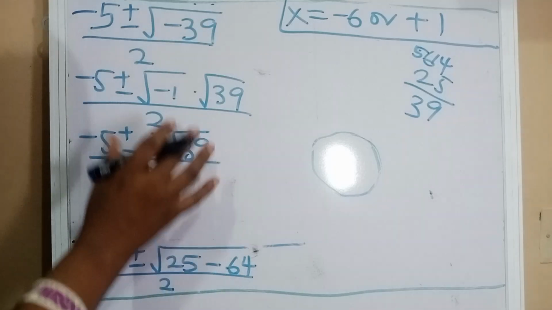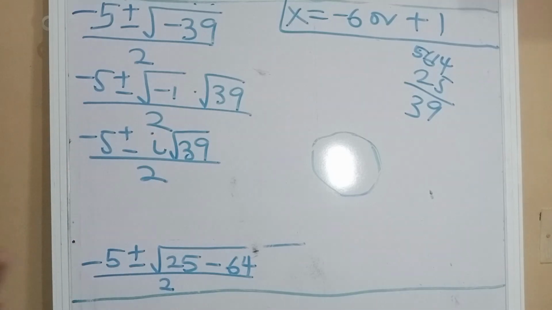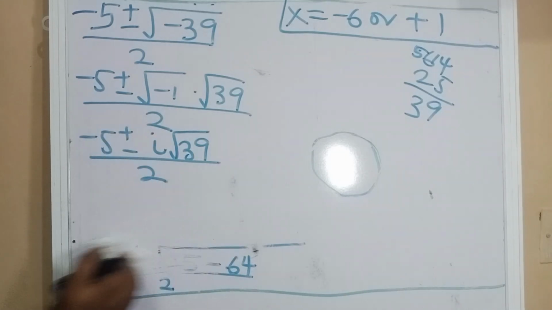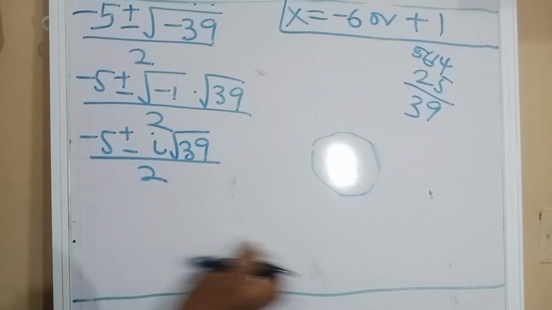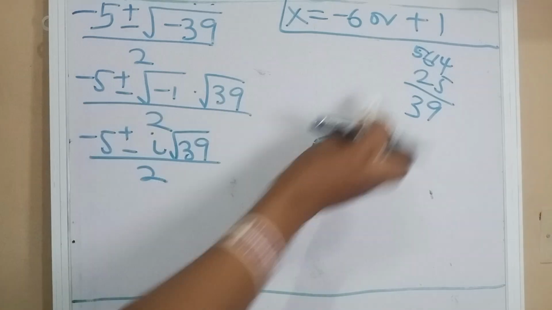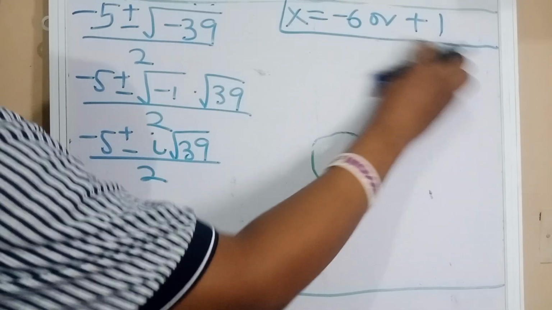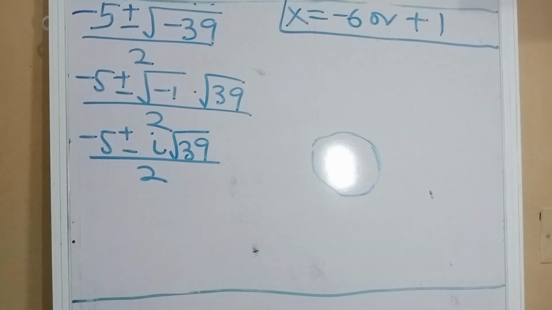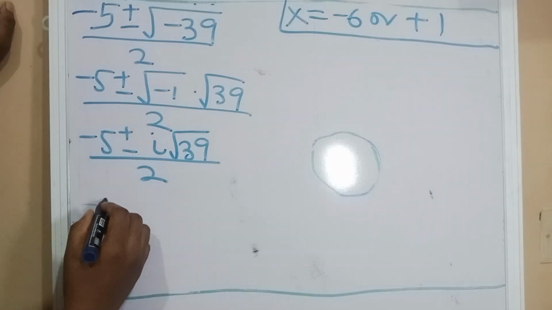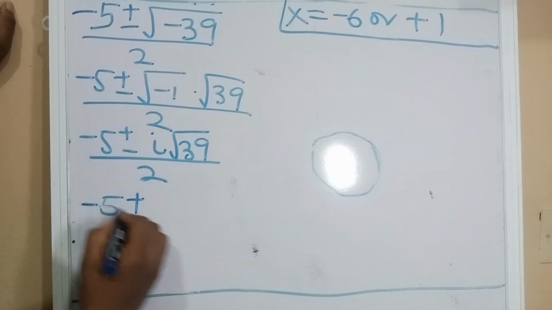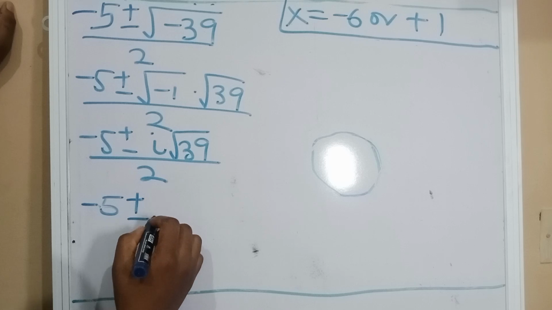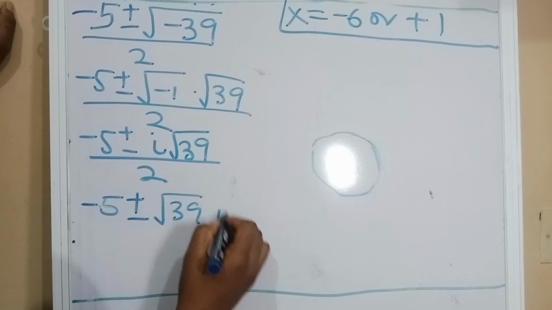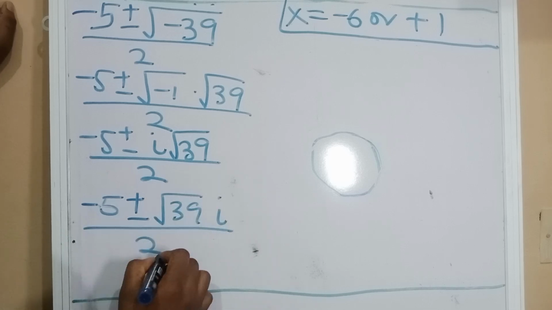So from here we have two results already. The plus and the minus gives us two solutions. And remember, we had two solutions already. So this is minus 5 plus or minus root 39i all over 2.